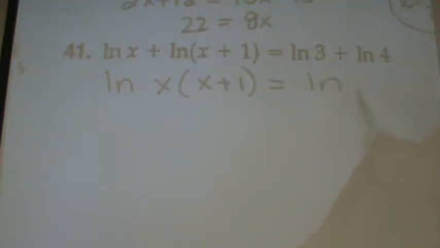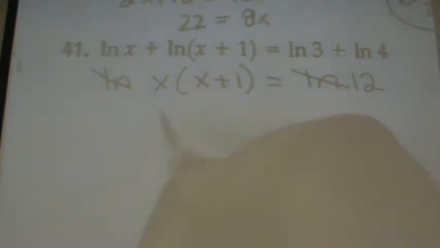Do I put a 7 here? Do I add these up? 12. Be careful. Then what? Cross those two out, and what do you have? Equals 12. Then what? Bring 12 to the other side.